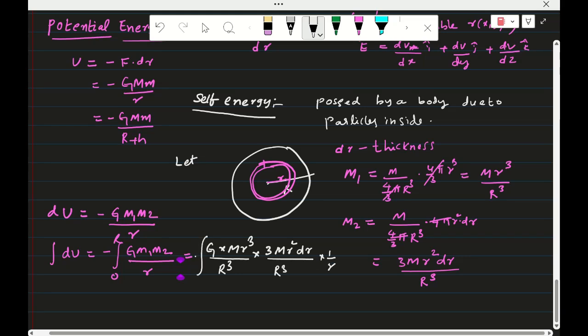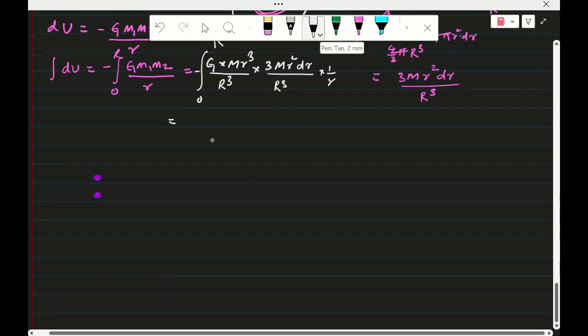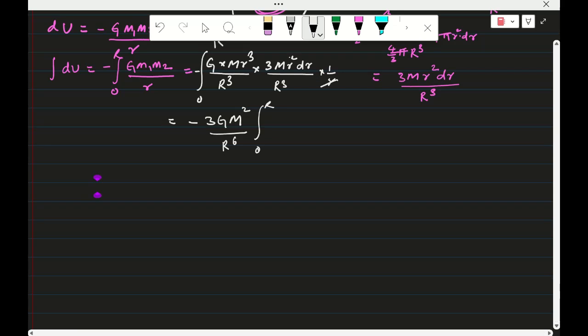So minus 3 G M square by R power 6, taking R power 6 out, integral 0 to R. The r and r square get cancelled, so here r power 4 dr.